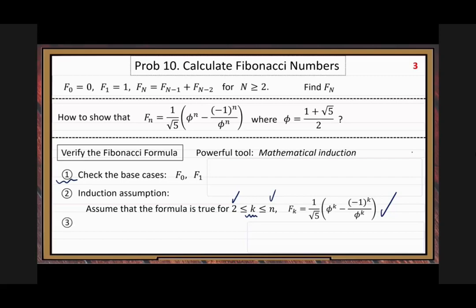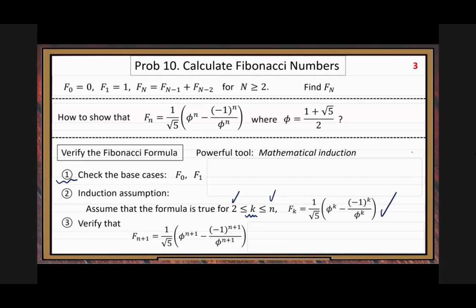All right. Step 3, verify. The critical step. Verify that when k equals n plus 1, the formula is also true. This step, we need to do algebra verification. Algebra.